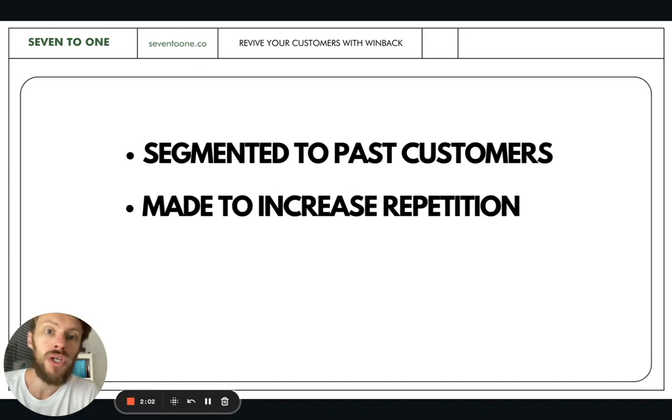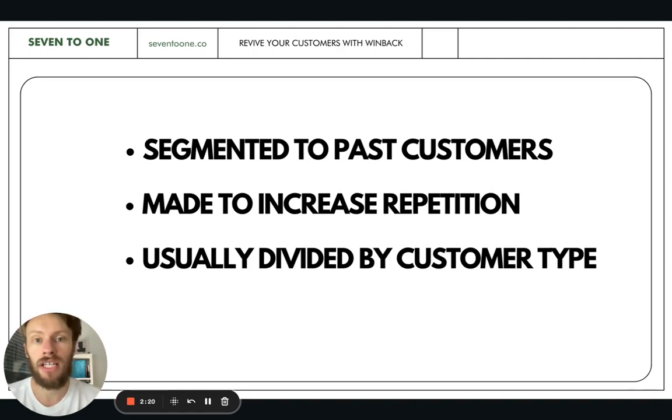The flow is made to increase repetition. That's the main objective of the flow, maybe the only objective really, which is to make people who have bought from you in the past buy once again from your website. So it is a repetition flow. And it's usually divided by customer type. What I mean by customer type can be first-time buyers versus repeated buyers. It can be gender-based, so you might want to divide women's collection and men's collection, for example.